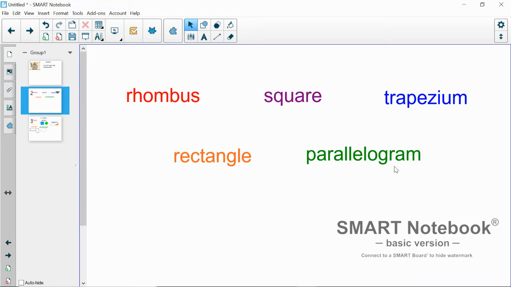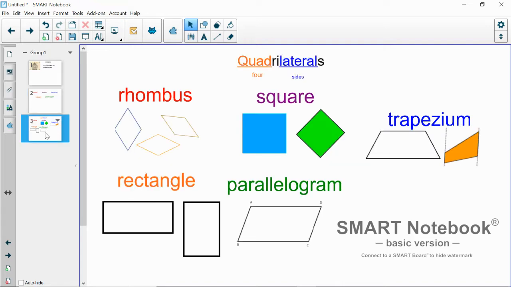Ooh, all these shapes have got something in common as well. They've all got 4 sides. Now, when a polygon has 4 sides, we call it a quadrilateral. So yesterday we looked at lots of Greek words making their way into maths. And there are so many Greek words that are in maths that we still use today. Quadrilateral is another one.